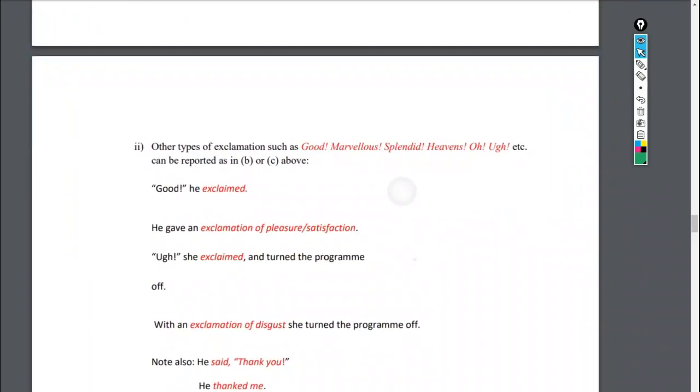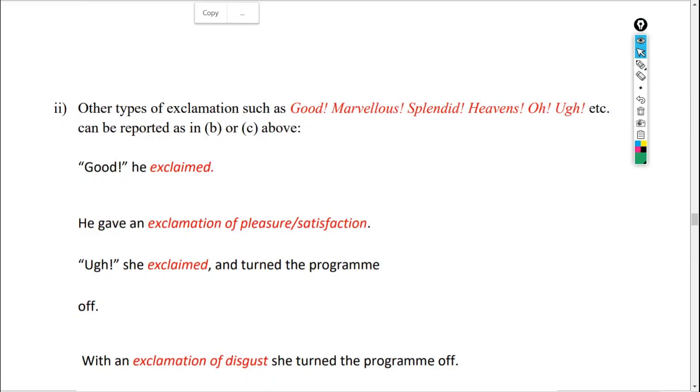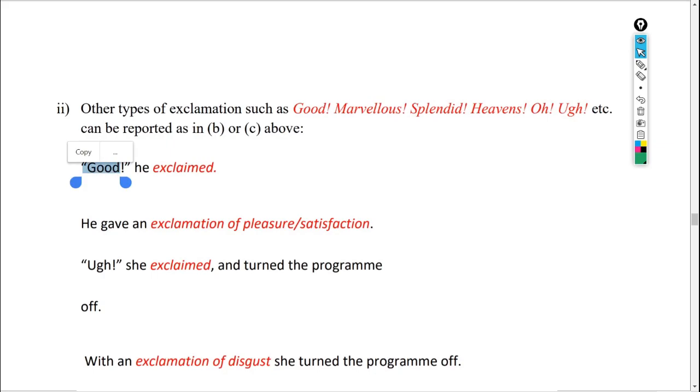Other types of exclamation, such as good, marvelous, splendid, heavens, oh, ugh, etc., can be reported as in B or C above. See this example: "Good," he exclaimed. He gave an exclamation of pleasure or satisfaction. So we are elaborating the particular emotion.